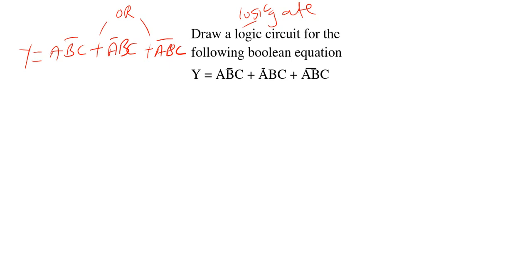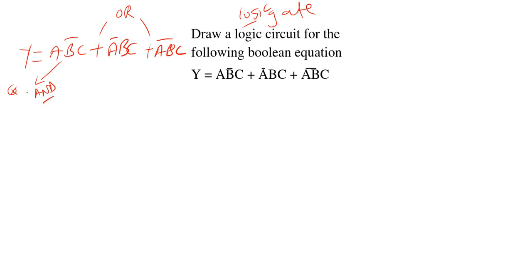As you can see, these terms have been multiplied. A and B, C are multiplied. Multiplication is normally represented by an AND gate. So you apply the necessary gate at every term depending on whichever operation is there.